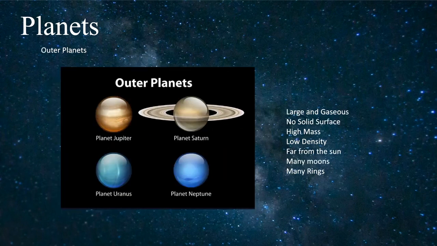For the outer planets, we have planet Jupiter, planet Saturn, planet Uranus, and planet Neptune. The properties of the outer planets are: large and gaseous, no solid surface, high mass, low density, far from the sun, many moons, and many rings.